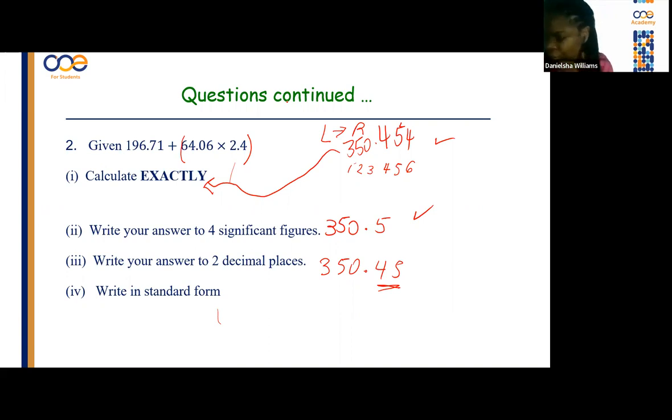Courtney, I haven't heard from you as it relates to sharing a response. So the final item for this question is writing in standard form.